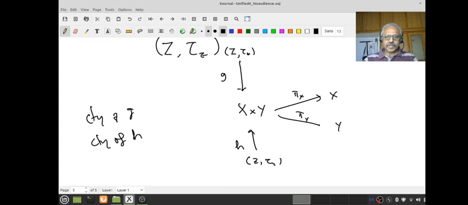What do you think universal mapping property should deal with? If I understood my earlier point, you can quickly come up with this.